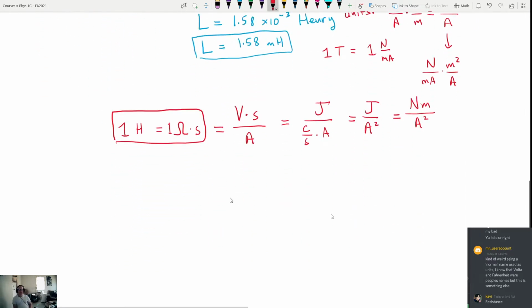Knowing what this thing is, we're going to say that the back EMF, or the self-induced EMF, we'll call it E, is equal to negative L multiplied by the time rate of change of current in the circuit.